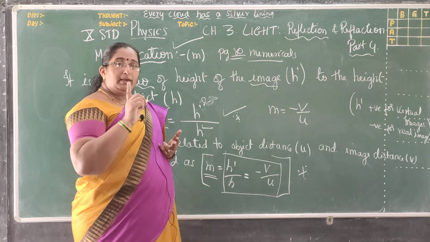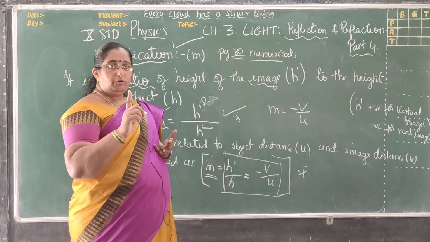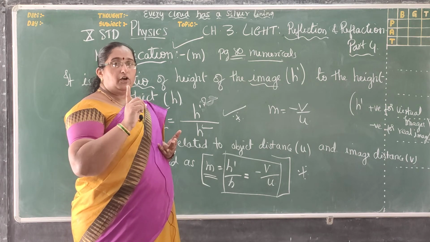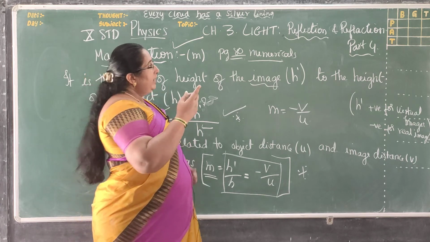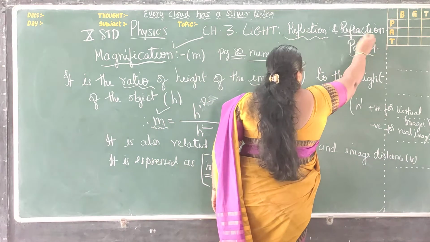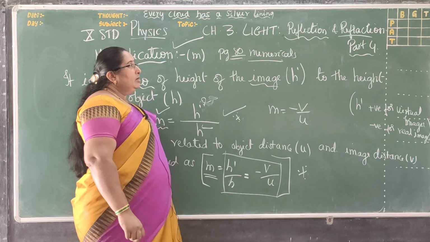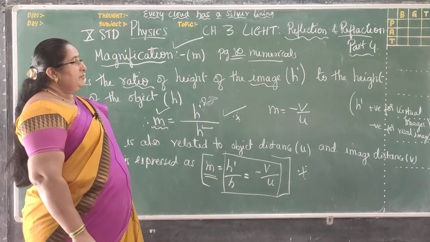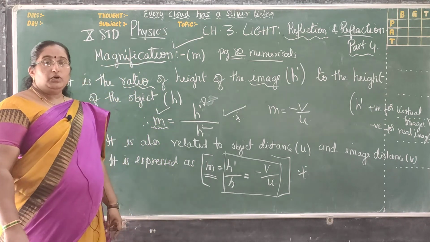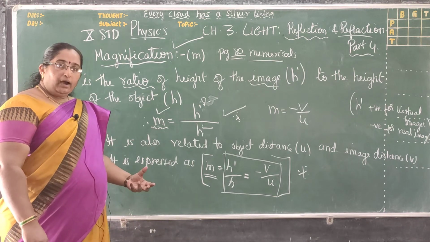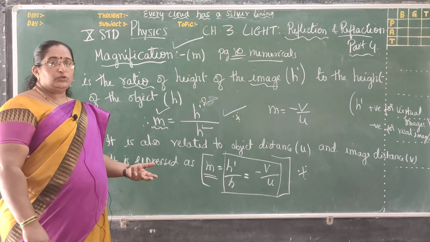We studied how the image is formed in a convex and concave mirror, and also the uses of convex and concave mirrors. The next phenomenon that we are going to learn is refraction: the laws of refraction, and also refraction through a lens, a glass slab, and a prism.